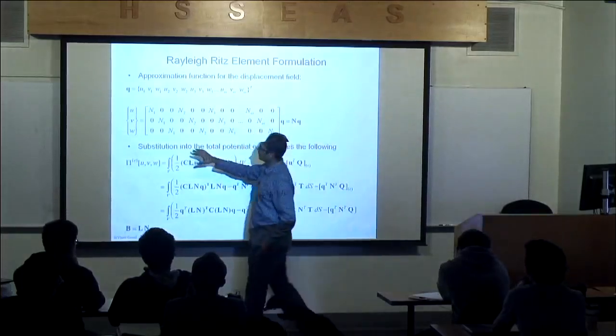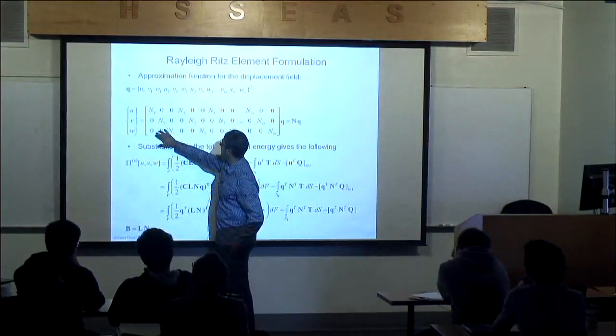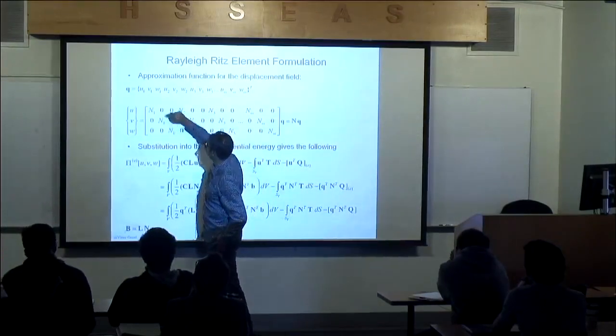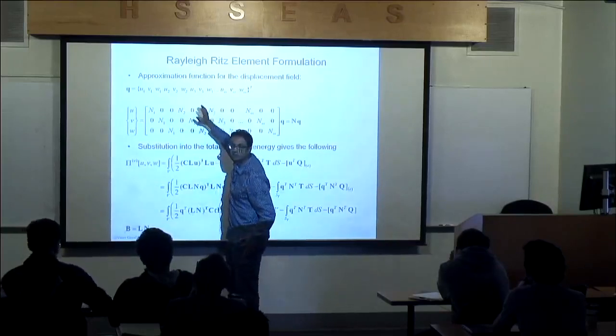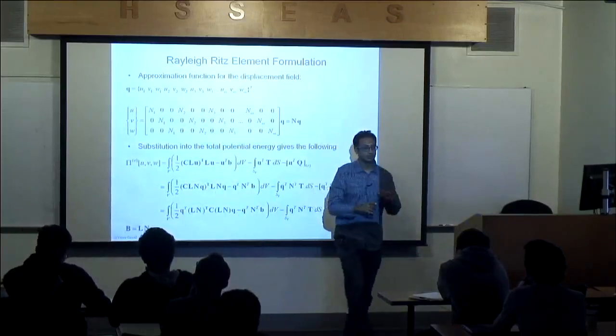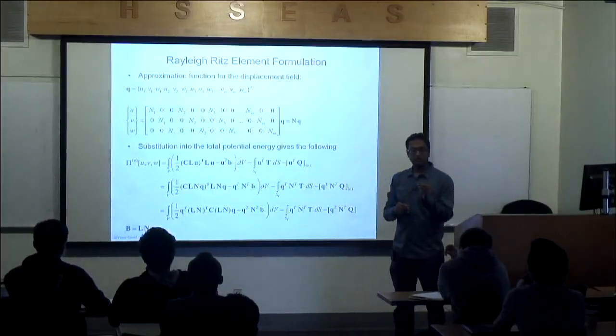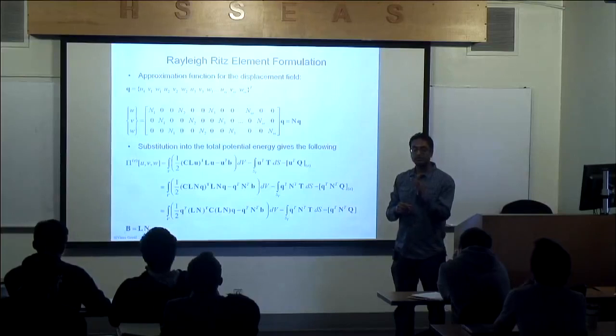For W, the same way, they're shifted more to the right. So when I multiply this row times that column, it coincides so that I only have N1 times W1, N2 times W2, and so forth. It's done on purpose. U, V, and W represent the displacement of the element, right? So U, V, and W represent the displacements at any point inside that element.